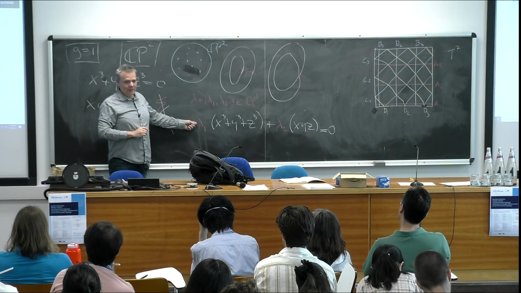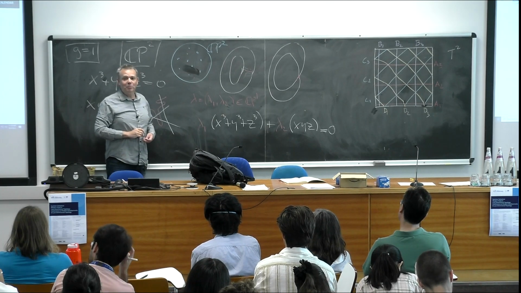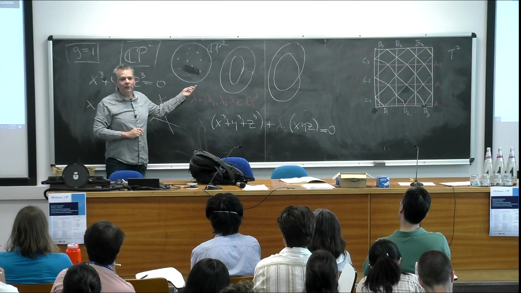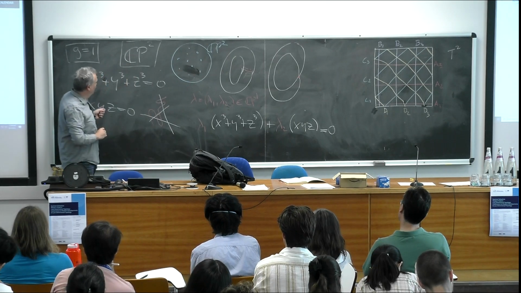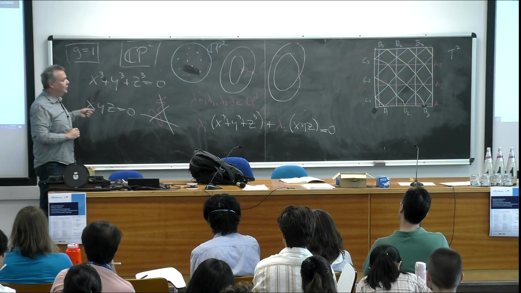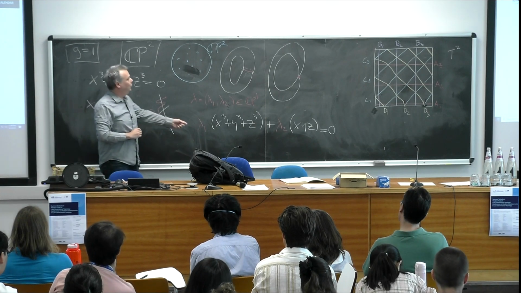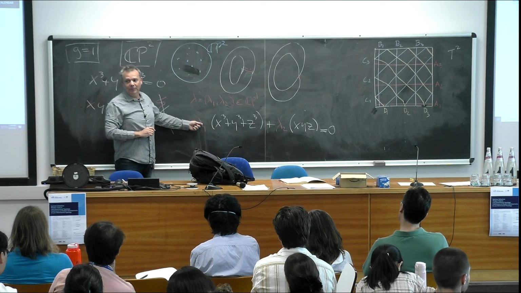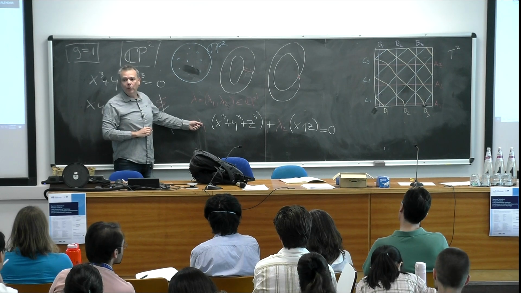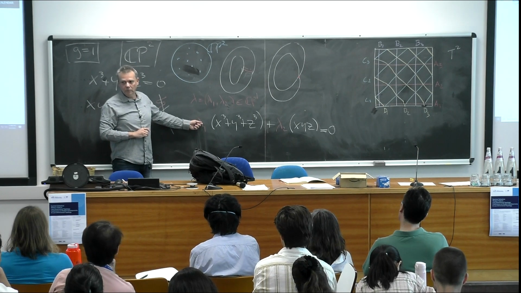Okay? But there are some special points. These 9 points are special, because for them both this equation vanishes and that equation also vanishes. So no matter what lambda 1 and lambda 2 is, these points will also be on the corresponding lambda curve.